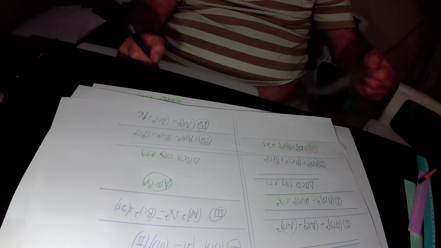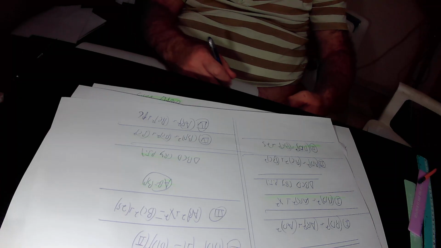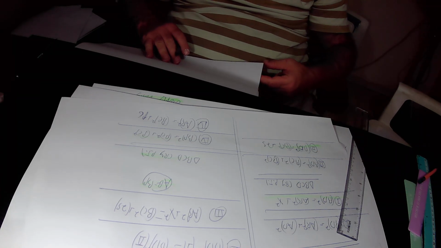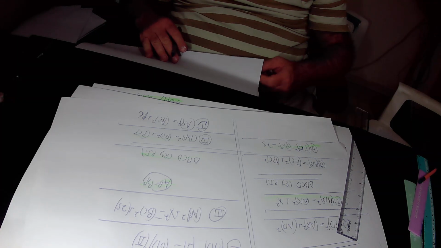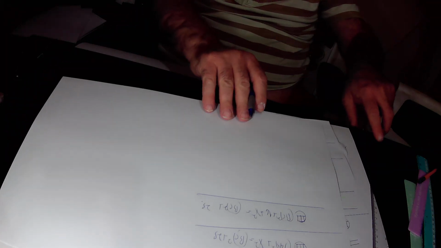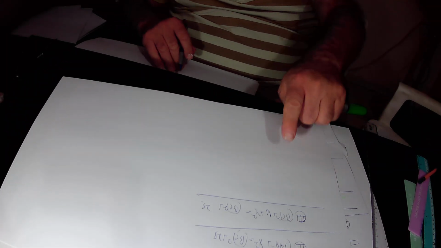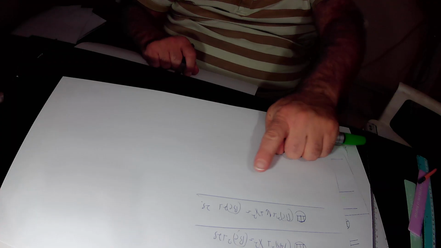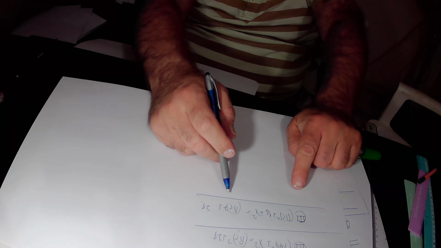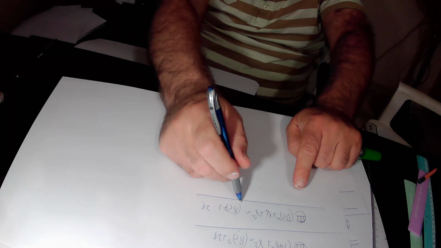So in total, according to equation 3, we actually found out that BC squared plus 16 plus X squared equals BC squared plus 25. So here we have BC squared on both sides of this equation, so BC squared will get cancelled.